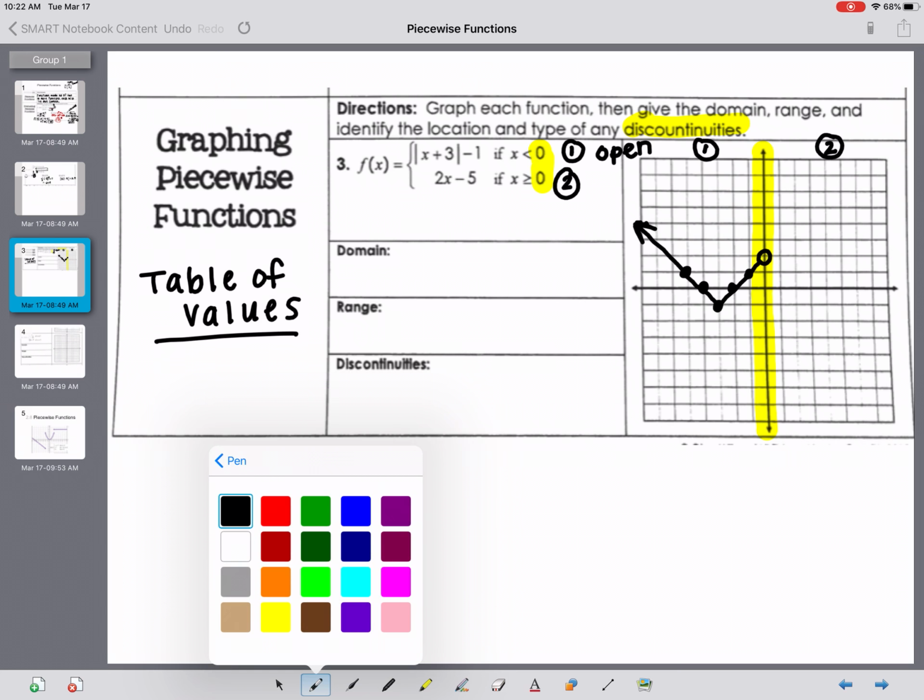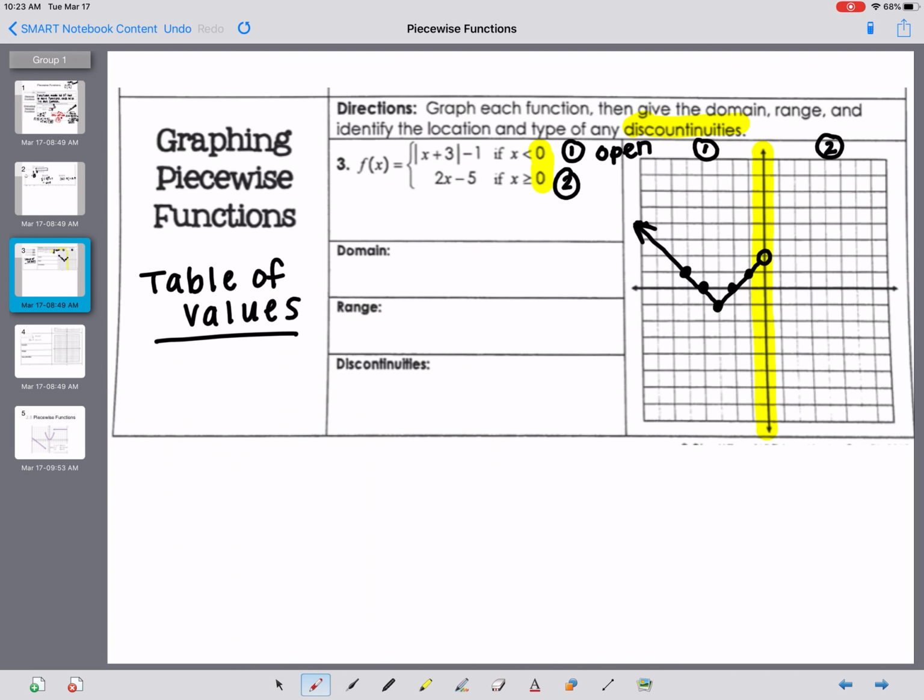Now I'm going to change the color and let's graph the second function. This one should be a little bit easier because it's linear. If you need to go back and get a table of values, please feel free to do that. But most of us know how to graph a linear equation by hand. If you do, perfect. If you don't, it's not bad to go get values like we did. I'm going to graph this using slope-intercept form, which means I start at the y-intercept.